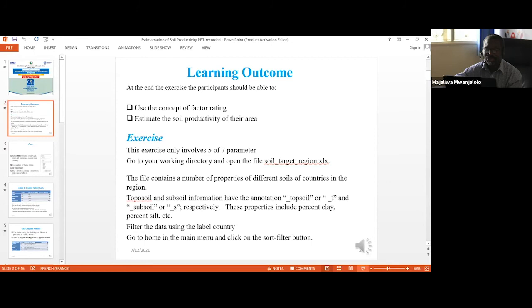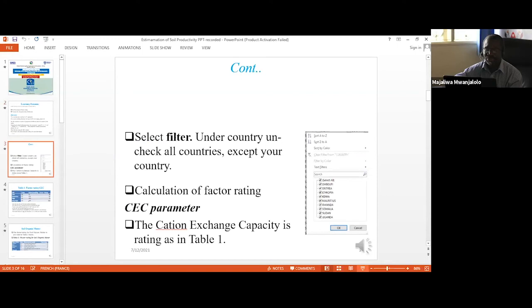So we have put this for you to exercise 5 parameters out of the 7. And we also put the way you are supposed to do it.